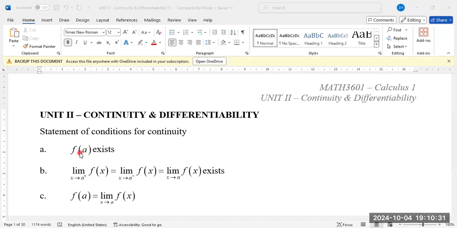From the right-hand side, 2.1, 2.01, and so forth, it tends to 2. But also, when I substitute x equals 1 into the function x plus 1, 1 plus 1 equals 2. It means to the right, to the left, and at the exact point, it is equal to 2. That means the limit exists. f of a is equal to the limit as x tends to a of f of x.